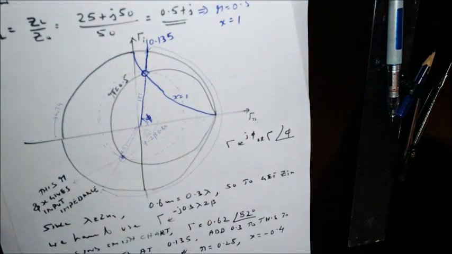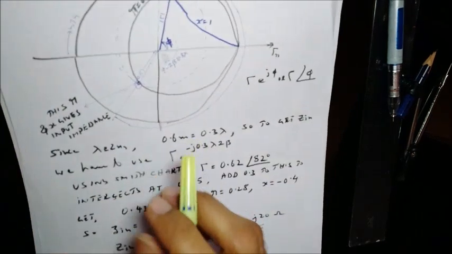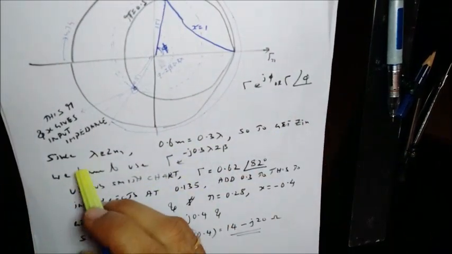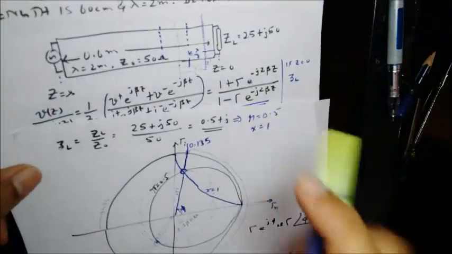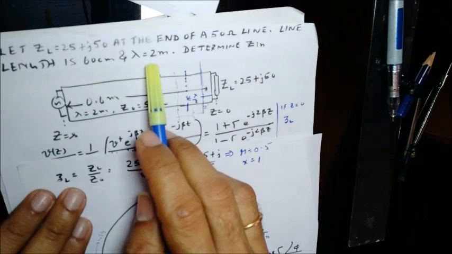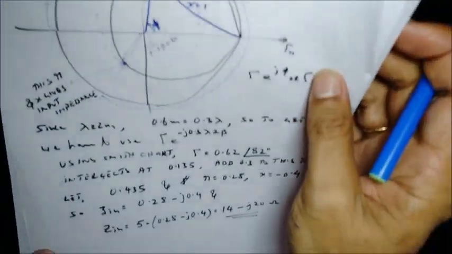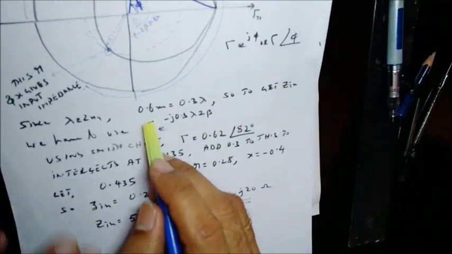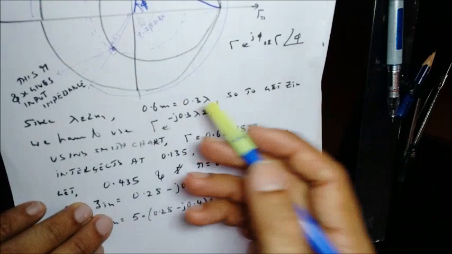Now, remember we are trying to find the input impedance. Since the wavelength is 2 meters, it's given in the statement of the problem, lambda is 2 meters. So since the wavelength is given as 2 meters, we know that the length of the transmission line, which is 0.6 meters, is equal to 0.3 lambda.